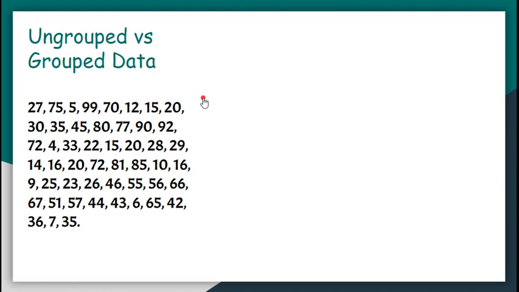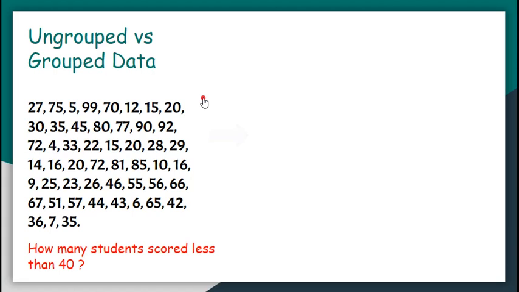Now when you look at this data and I ask you how many students scored less than 40, you can definitely calculate it, but that is going to take a lot of time and the scope of error is also increased.